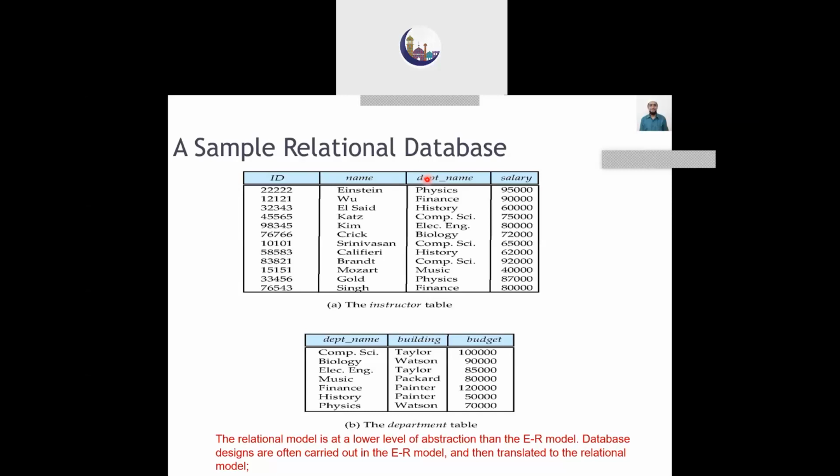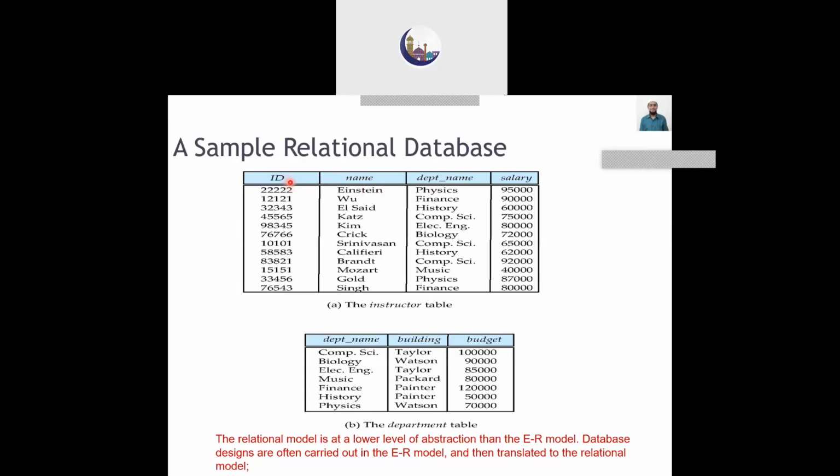In that format, you need to store in terms of variables, and each variable will have its own data type, and when those variables are stored together, they should have a particular structure. That structure is the table. The variables are the column names, and they will have certain values.